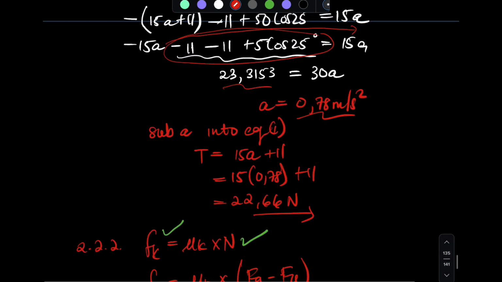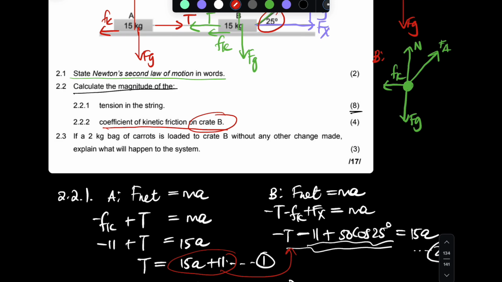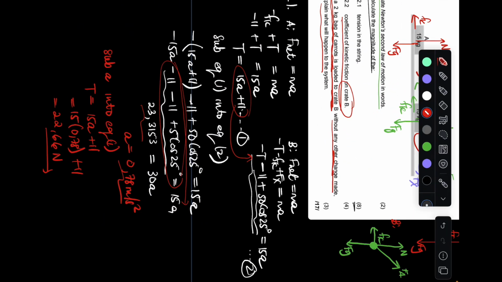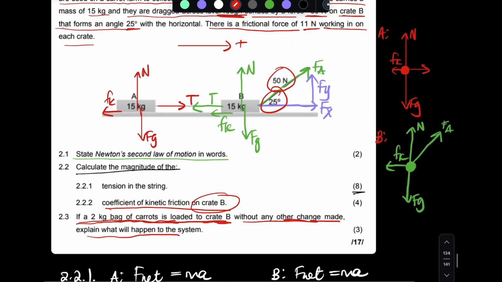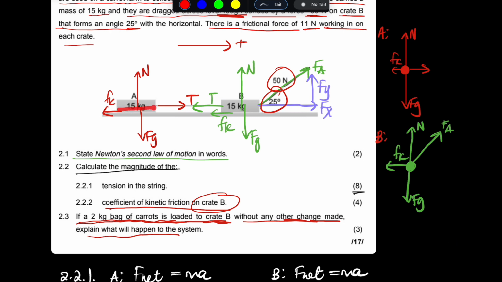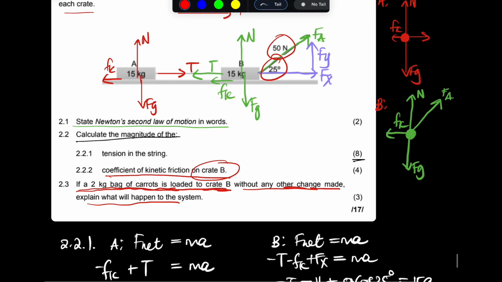And then the next question, which is the last question: if a 2 kg bag of carrots is loaded onto crate B without any other changes, explain what will happen to the system. Right? So what will happen to the system here while this system is accelerating this way, and we choose to put more mass here, which is a 2 kg carrot here.